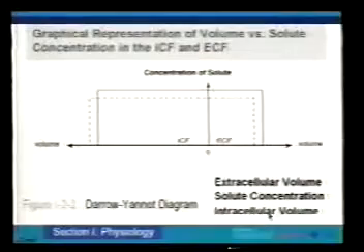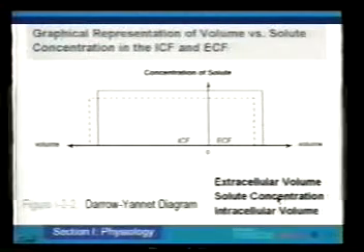Now, it's the last variable that is the discriminating part of the question. But you simply have to realize that intracellular volume will change based upon your conclusion of solute concentration. Now, we mentioned this earlier. If solute concentration increases, if body osmolarity increases, your cells shrink.